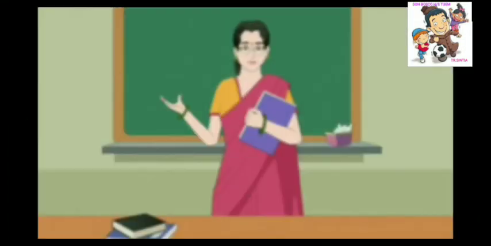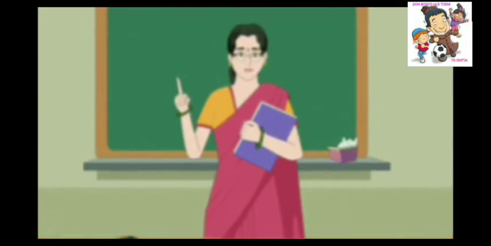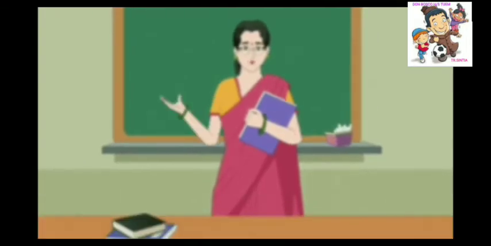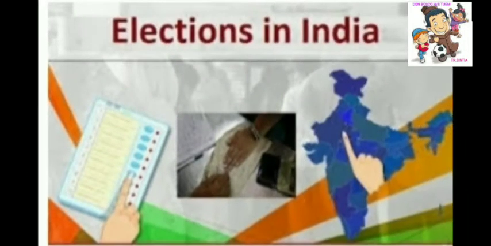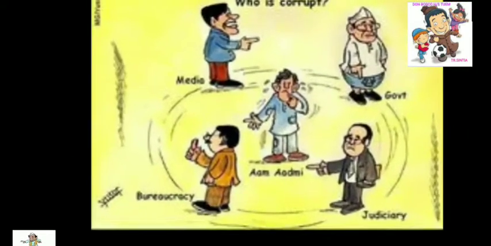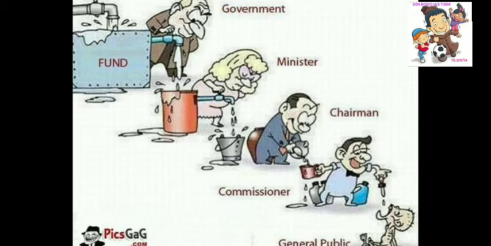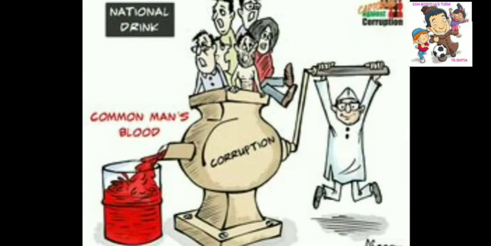Students, now we will see why the Constitution is like the soul of a democracy. In a democracy, we choose our leaders so that they can take certain decisions on our behalf. However, there is always the possibility that these leaders might misuse their powers or authority.